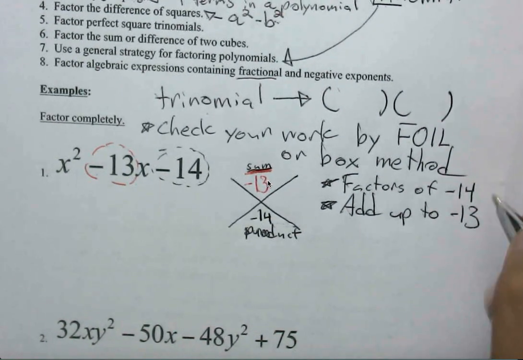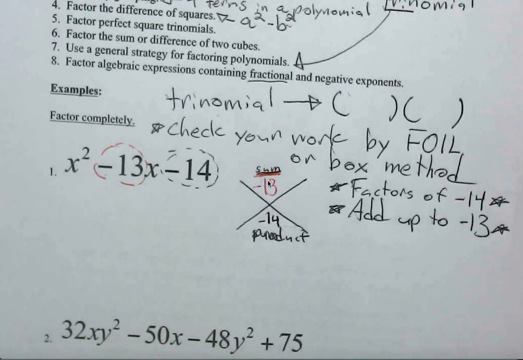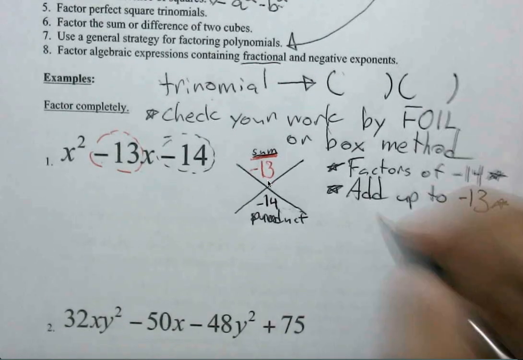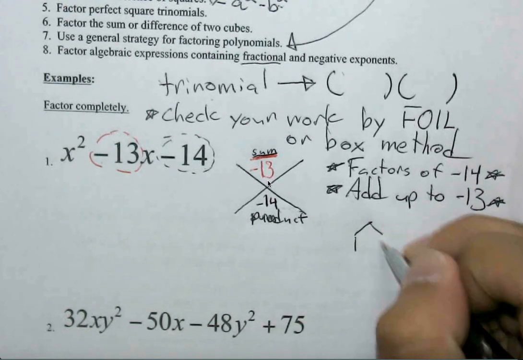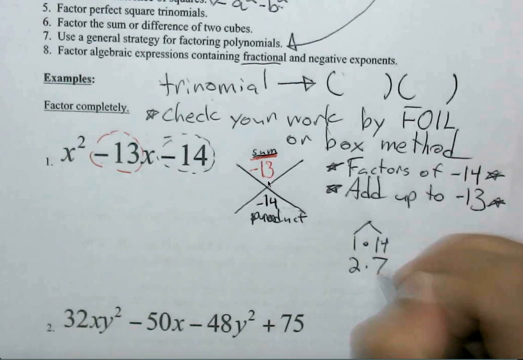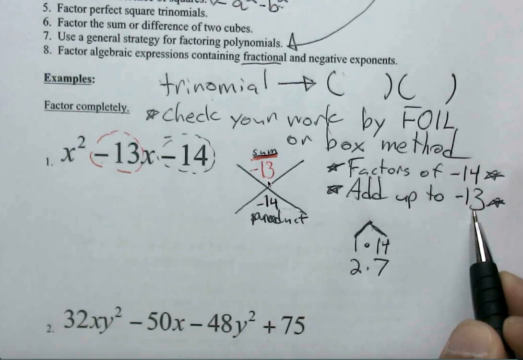So these are the main ideas that we want to think out whenever we're using diamond method. So we're thinking factors of negative 14. Well, we know that we have 1 and 14. We know that we have 2 and 7. And we're aiming for a sum of negative 13.